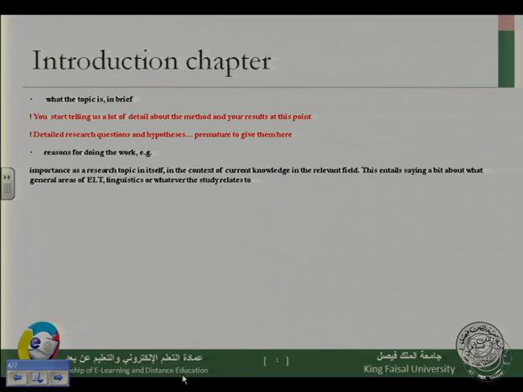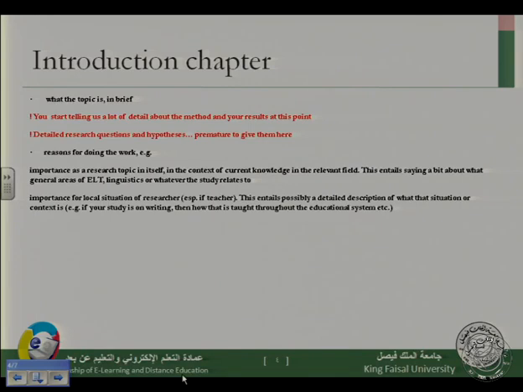Yes, and at this point, you tell us, for example, this language acquisition research is related to language acquisition and psycholinguistics, or it relates to X hypothesis or theory. You tell us about the importance, as I said, for your local situation of research. If you are a teacher, this entails possibly a detailed description of what the situation or context is.